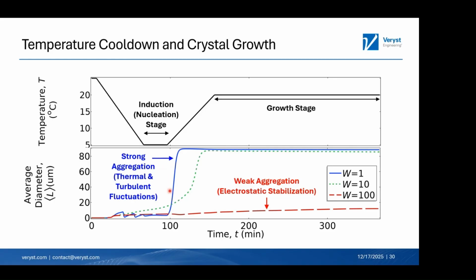And so this gives rise to very large particles at the end of your growth period. On the bottom, I'm showing the red curve where you have high degree of stabilization. And in that case, you have reduced particle size because now you've stabilized against aggregation. Particles tend to repel each other, and that gives rise to modified size distribution.